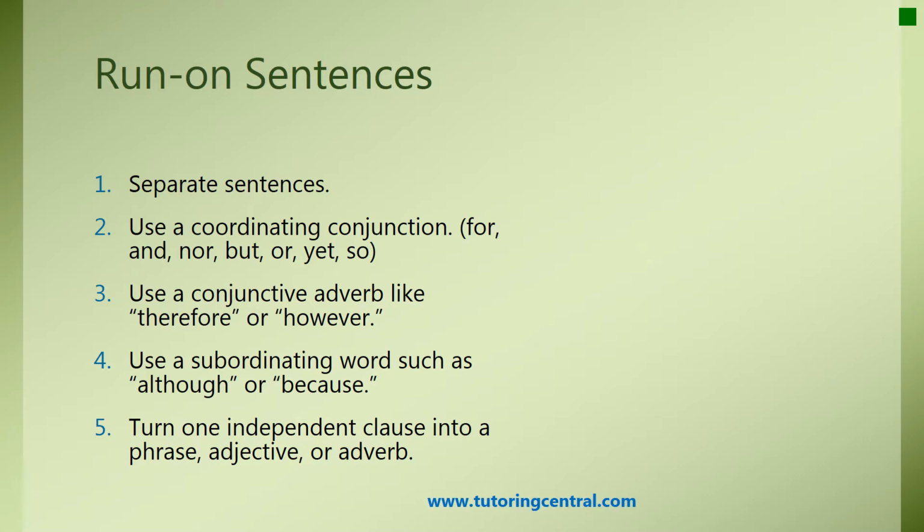Now, I didn't give an example in this slideshow, but you can do that and turn one of the independent clauses into a dependent clause. Or you can turn one independent clause into a phrase, an adjective, or an adverb like we did in our last example. So there are 5 methods, 5 things you can do to correct any run-on sentences you find in your writing and make your writing that much better.